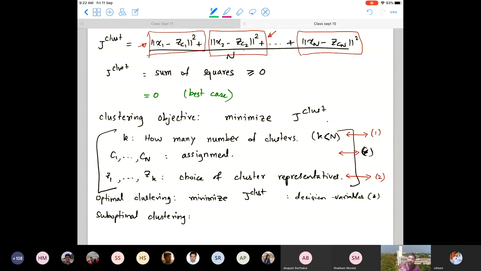I will see how J cluster behaves with respect to varying this, and then finally we'll see how the clustering objective changes when you vary K. Based on all these 3 things together, we'll come up with an iterative scheme called K-means clustering to approximately minimize this J clustering objective and come up with the clustering algorithm. So I hope the plan is clear.